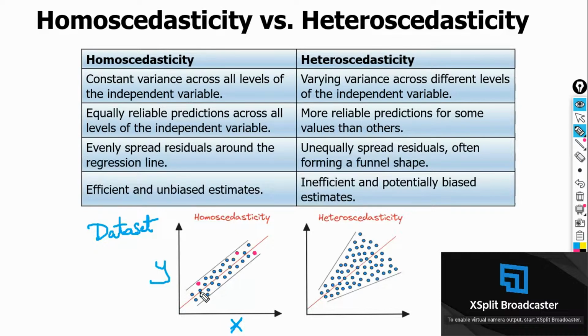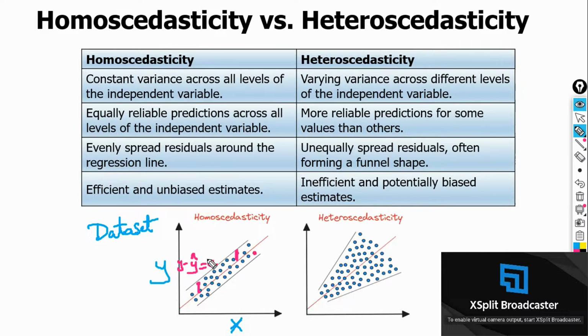If you take the predicted value for this particular point, this becomes your y hat and this is your y. So y minus y hat will return you the error. If I take somewhere else at this position, is my error changing?